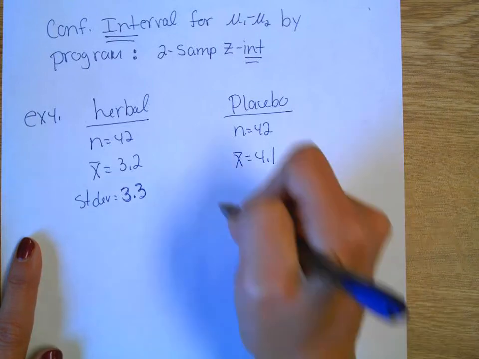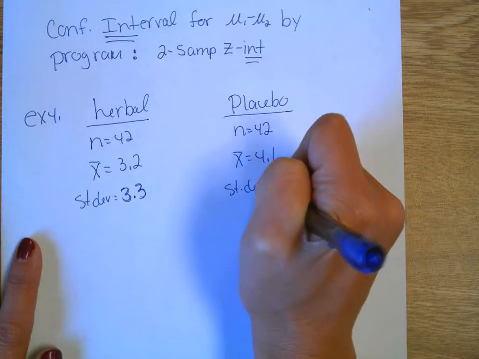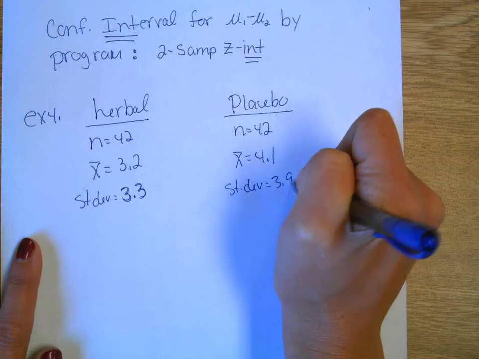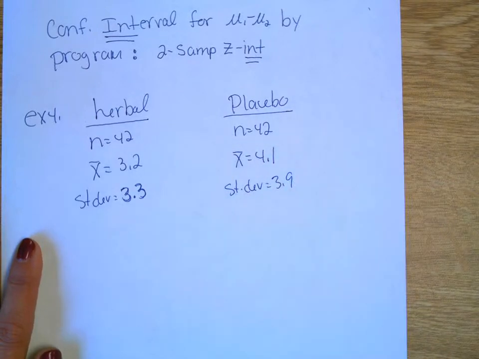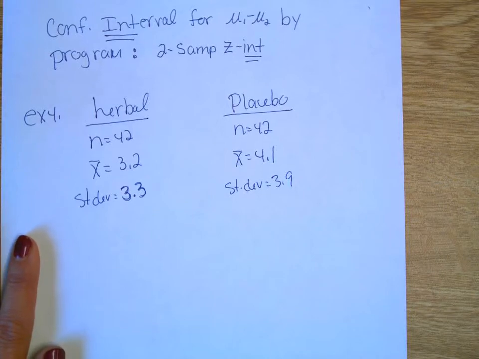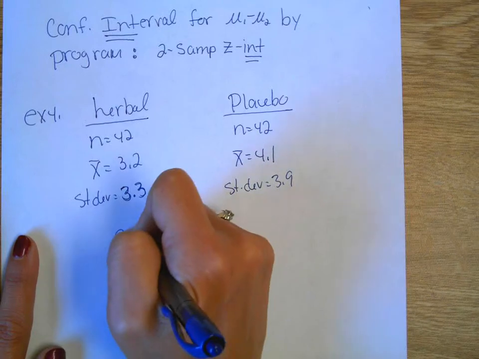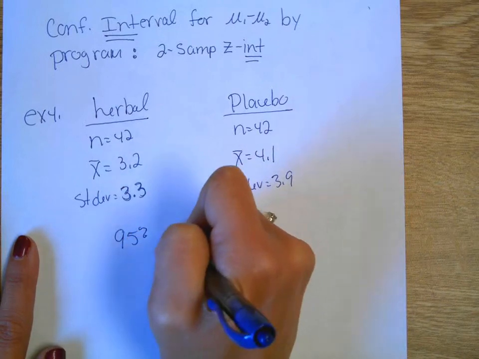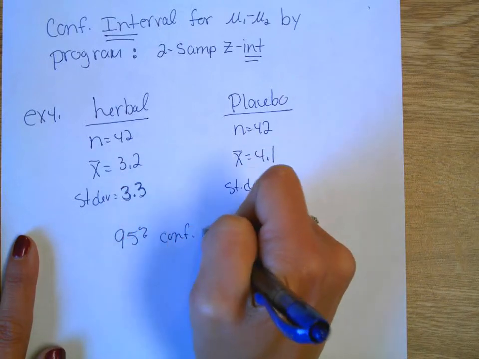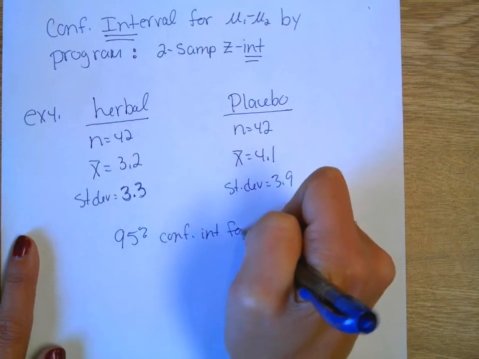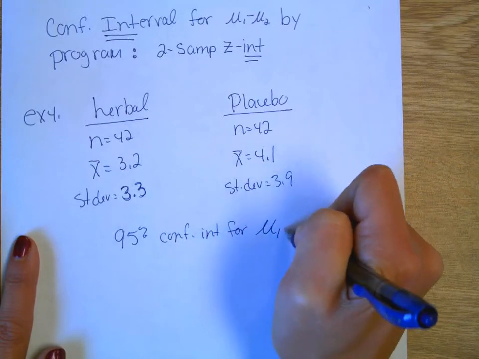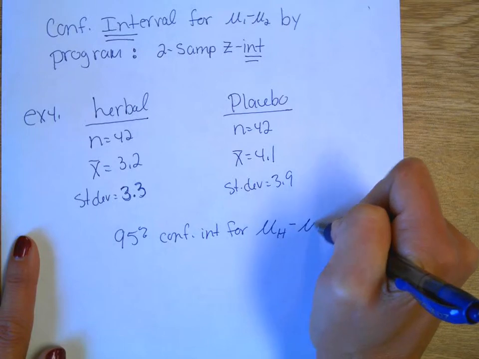Standard deviation 3.9. Construct a 95% confidence interval for mean 1 minus mean 2, where mean 1 is the herbal. So 95% confidence interval for mean herbal minus mean placebo.